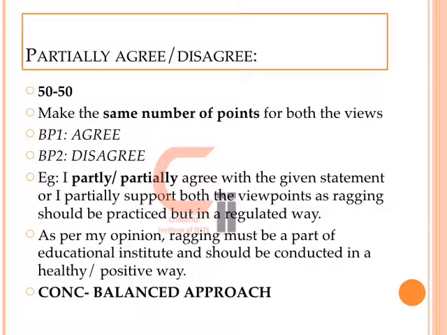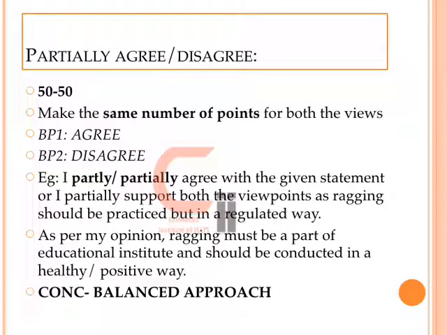Now when you choose partially agree or disagree, and according to me it's always advisable because it gives you more viewpoints and you can express your views regarding both sides. So when you choose partially agree, be aware of the number of points you are using. Be balanced in your approach and use the same number of points for agree and disagree. And you can use such kind of words to express your views.